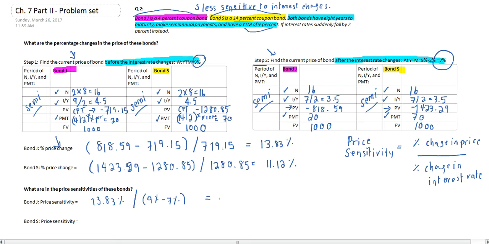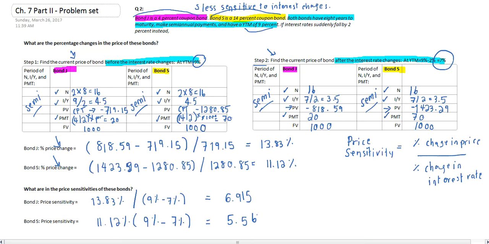What I got here is 6.915. For bond S, we have the price change right here, which is 11.12%, and divide by again the change of interest rate from 9% to 7%, which is basically 2%. And I got the sensitivity of bond S equal to 5.56.